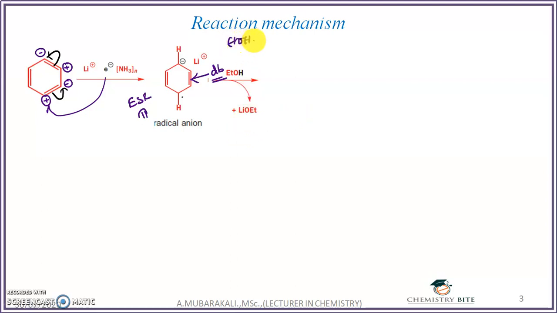This ethanol will get ionized to form sodium ethoxide as well as H+. Now this radical anion will pick the proton from the ethanol, and lithium comes along with the ethoxide in the form of lithium ethoxide. Now the molecule is no longer anionic, but you can see that you still have the free radical here.